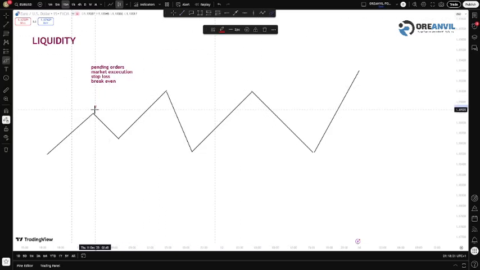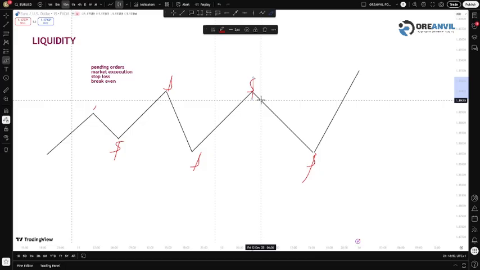There's liquidity in this area. So we don't want to be too confused about liquidity. That's why we are now focusing on just the major liquidity points in the market, so we can have a very proper trading plan.